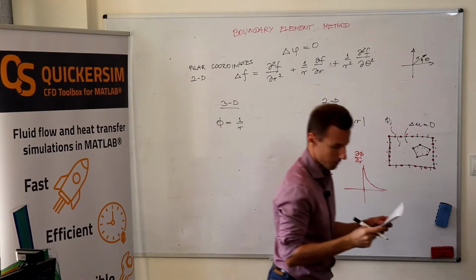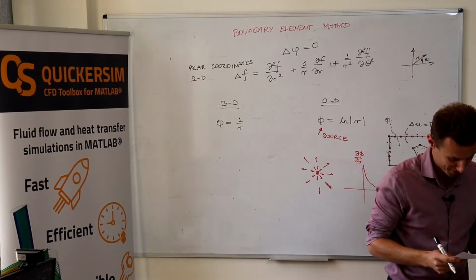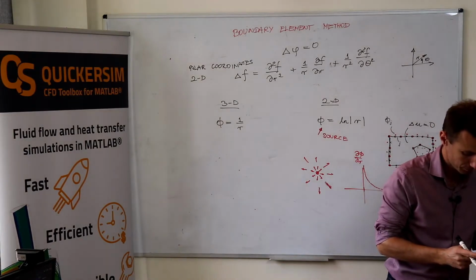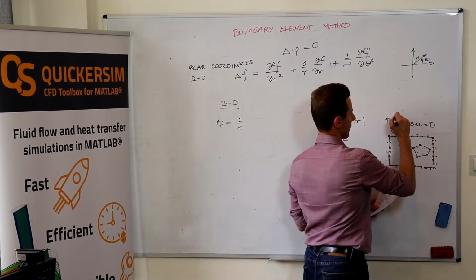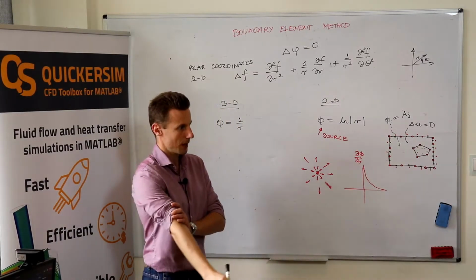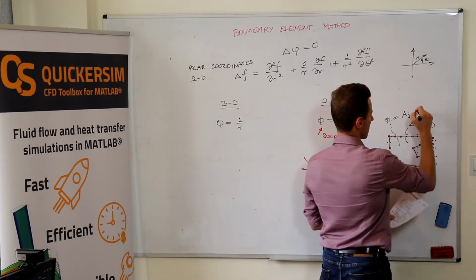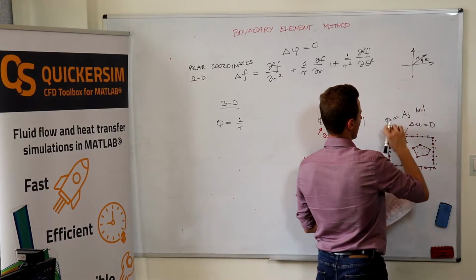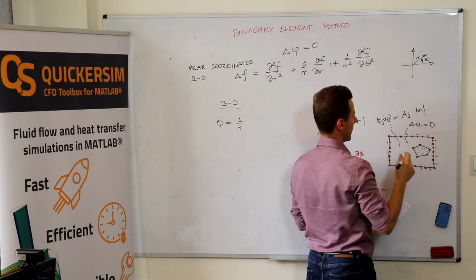It's a scaling coefficient, a_j, meaning the strength of this source, times the natural logarithm. Well, what is phi j at x, y?